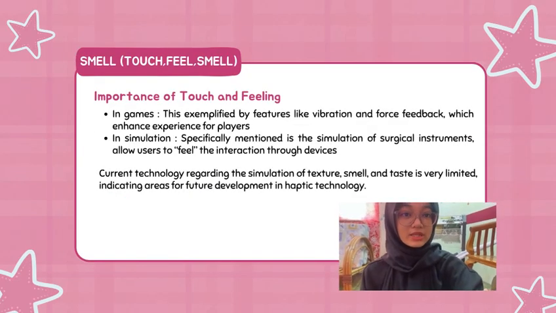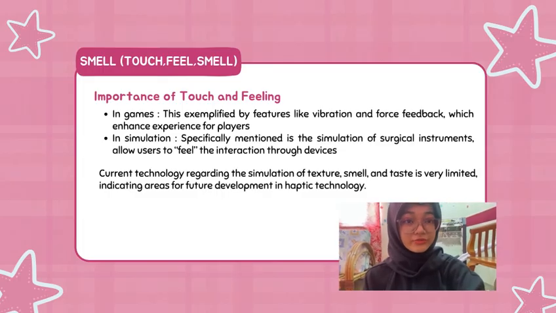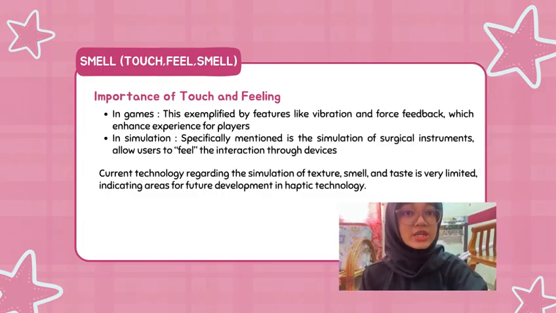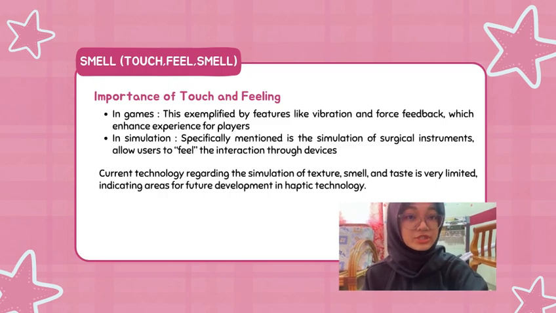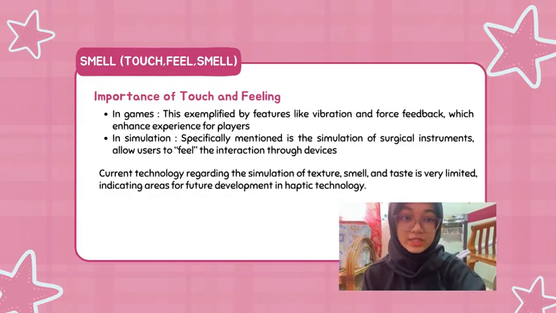Next is touch and smell. This has three components: touch, feel, and smell. Now I want to talk about the importance of touch and feeling. In games, this is exemplified by features like vibration and force feedback, which enhance the experience for players.